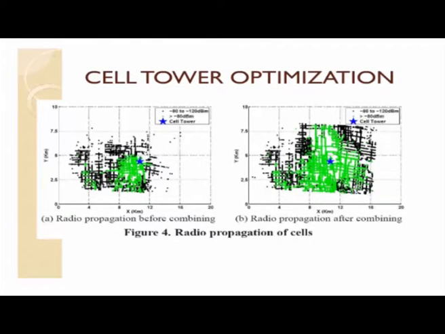If I have one cell, the green part is the signals which are greater than the threshold. While if I combine all the cells, you have much better and more symmetric information, because in this case, the cell tower which was discovered had all the signals to the right of it.